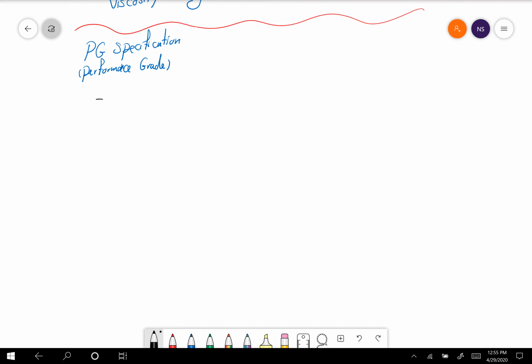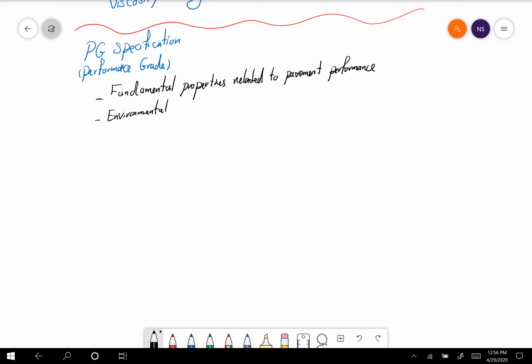So the advantage is that it considers the fundamental properties related to pavement performance. It also considers the environmental factors.